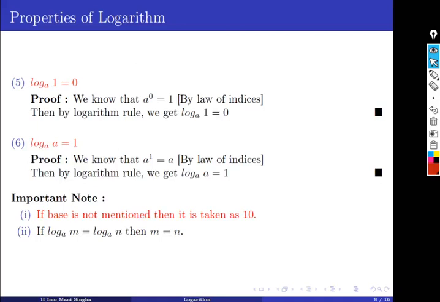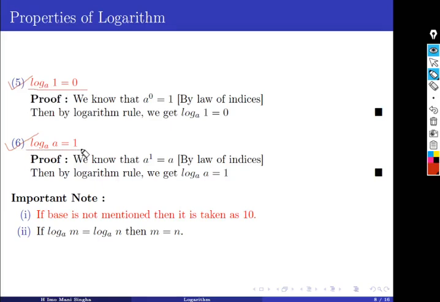Property number 5 and property number 6, these are very important properties, and the proof is also very simple. It says log of 1 base a is equal to 0, and log of a base a is equal to 1, property number 6.